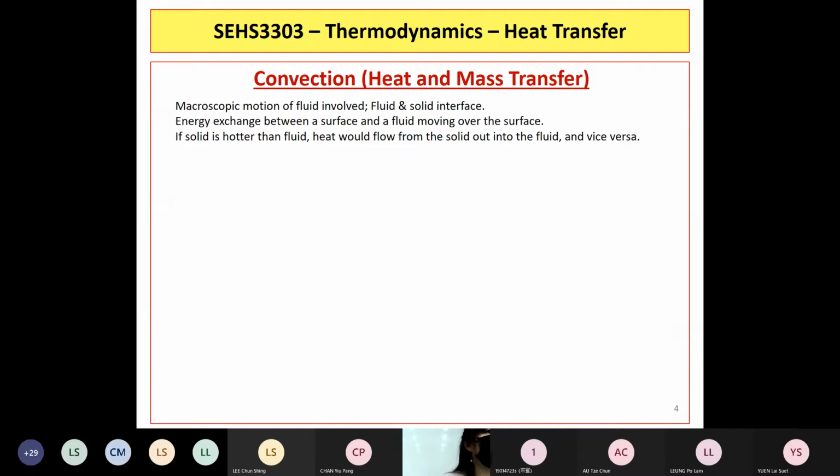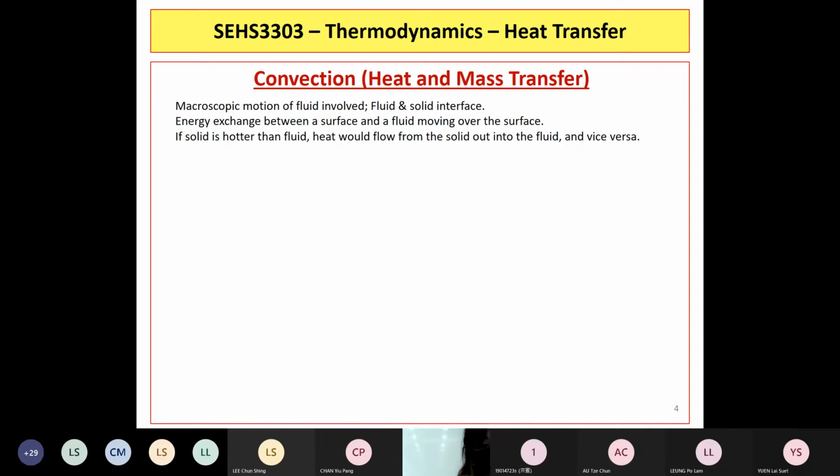That should be convective heat transfer. So convection, first thing, can only happen in a fluid because the macroscopic motion of fluid is involved in convection. Then there should be a fluid and solid interface. That is convection.